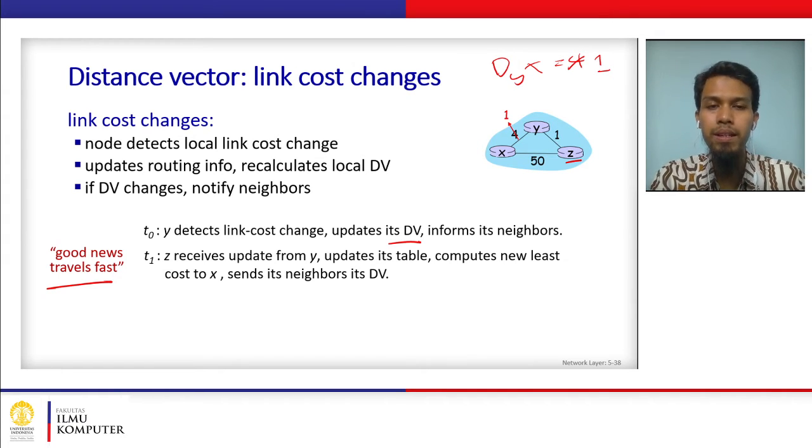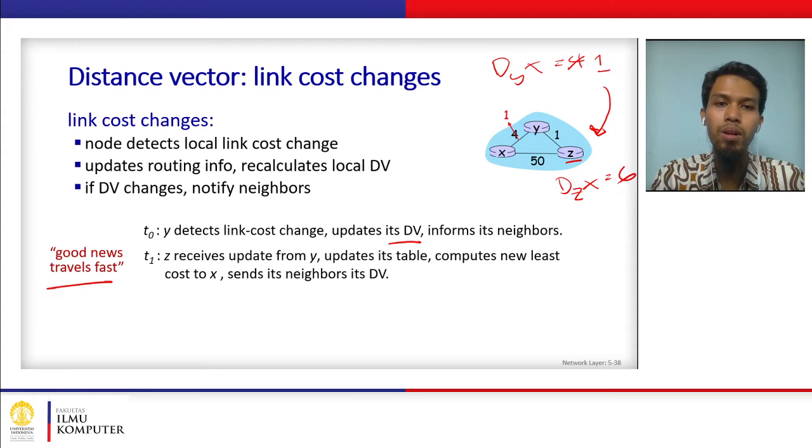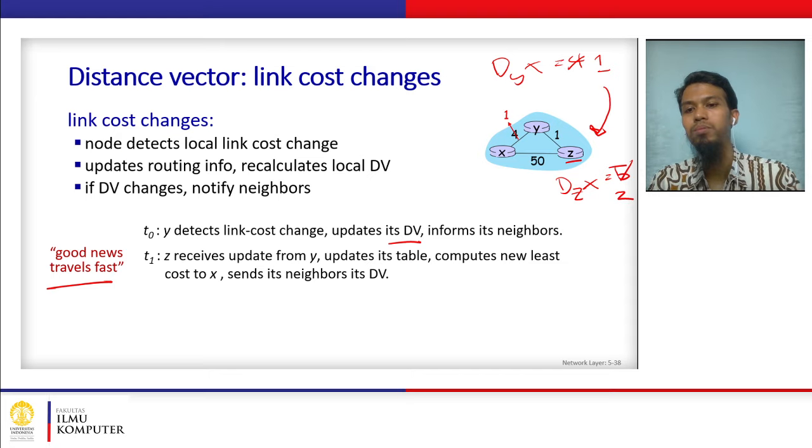And then this information is propagated to Z. And dzx, initially it was 5, and now with this update, it becomes only 2.